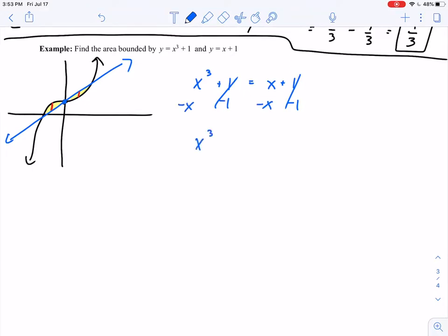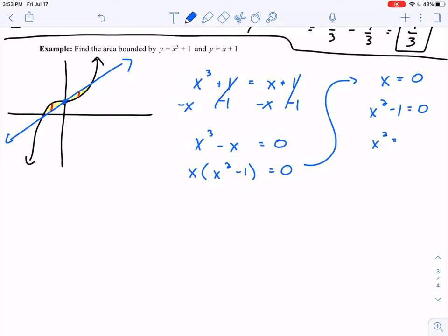That gives me x cubed minus x equal to 0. Here I can factor out an x. That'll leave me with x times x squared minus 1 is equal to 0. Over here I end up with x equals 0 and x squared minus 1 equals 0. Solving this gives me x squared equals 1, or x equals plus or minus 1. So I have x equals 0 and x equals positive and negative 1.